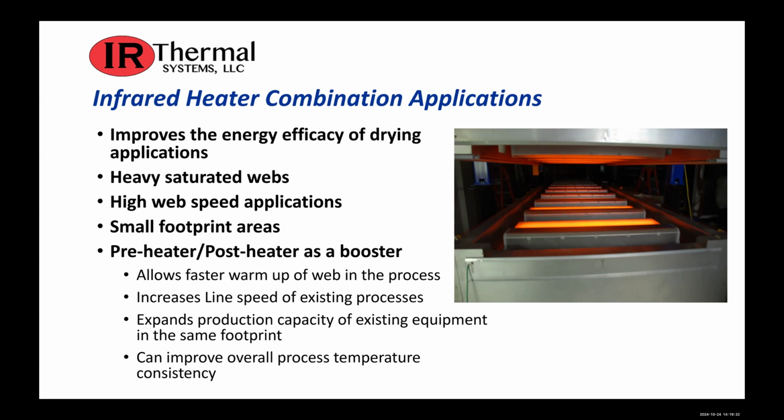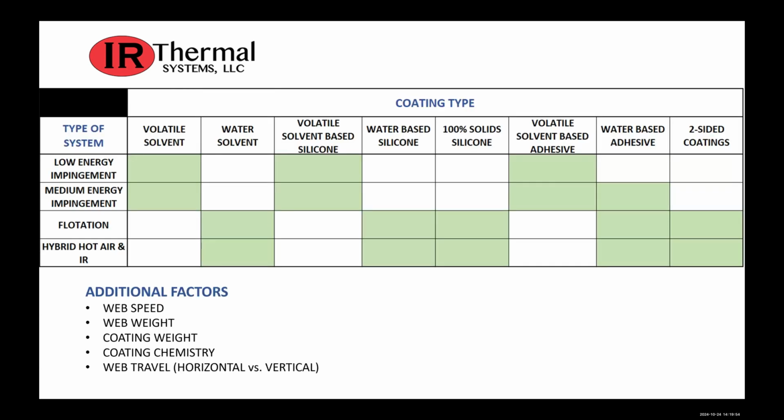We also use it as preheaters or post heaters for boosters, which allows you to run faster and increase your line speed, which expands your production capacity. And it can also be zoned across the web to improve the overall temperature consistency of your web leaving the drying system.